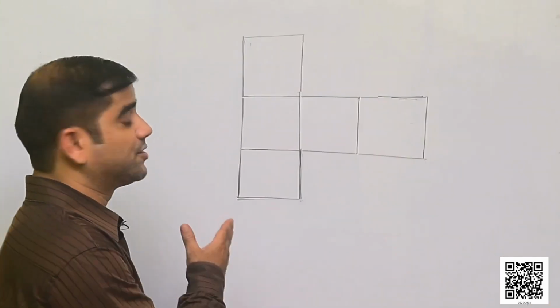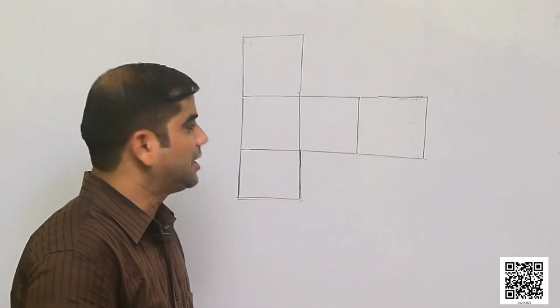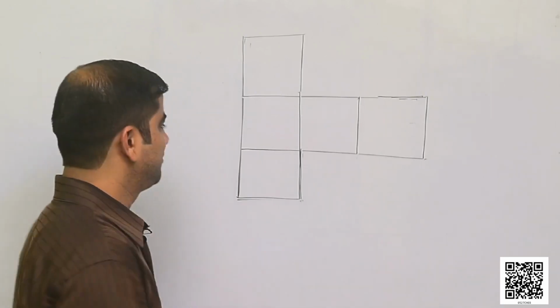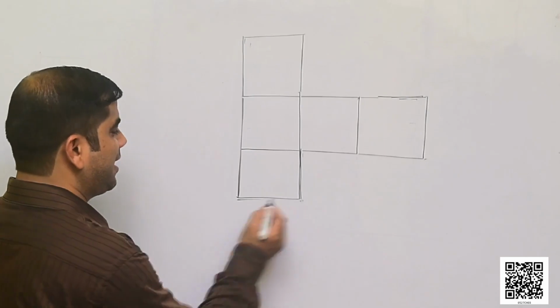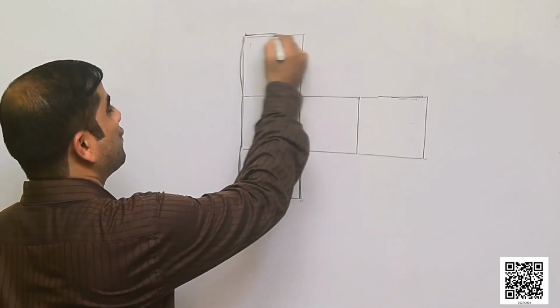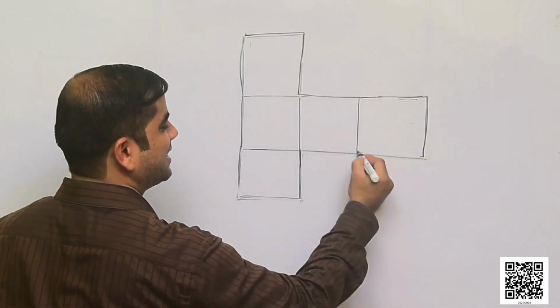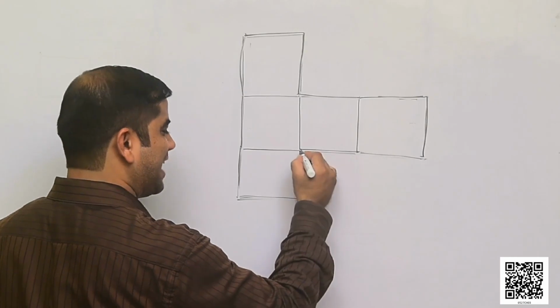Students, I have constructed another shape using the same 5 squares. Now let us find the perimeter. It's nothing but the boundary. 1, 2, 3, 4, 5, 6, 7, 8, 9, 10, 11 and 12.